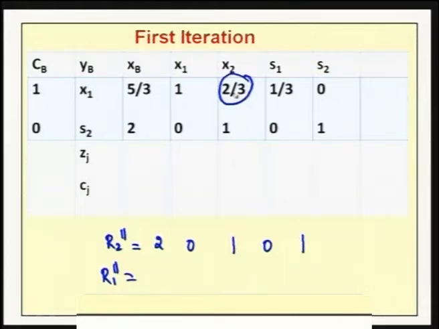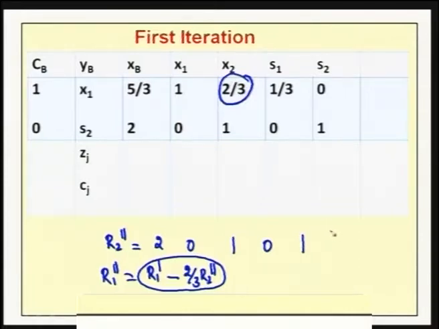For that, from this row, that is from R1 dash, if we multiply R2 dash by 2 by 3, so 2 by 3 into R2 dash, and then subtract those from R1 dash, this term becomes 0. If you multiply this by 2 by 3 and subtract from this one, 2 by 3 minus 2 by 3 becomes 0, therefore, this entry becomes 0.